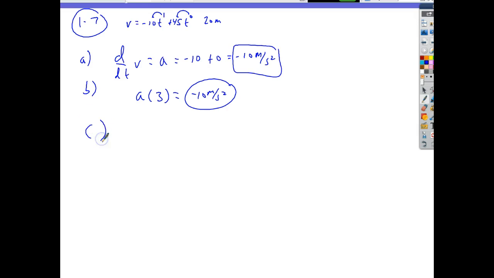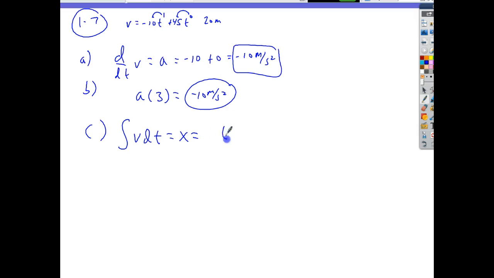I want to find what my displacement is. So my displacement is going to be the integral of velocity with respect to time. The integral of velocity with respect to time is going to give me displacement. And in this case, I'm going to do what to my powers? Raise up my powers by 1, divide by the power I get.